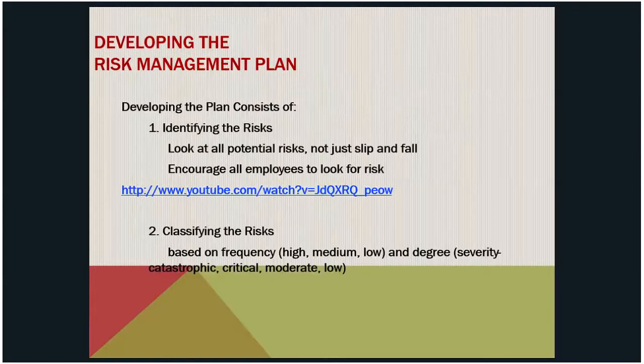We're going to apply the same theory that we just talked about, identifying the risks, looking at it across all areas, not just slip and fall, and then classify it based on frequency and severity. Frequency: high, medium, low. Degree of severity: catastrophic, critical, moderate, low. We want to look at these risks. We want to identify and rank them.